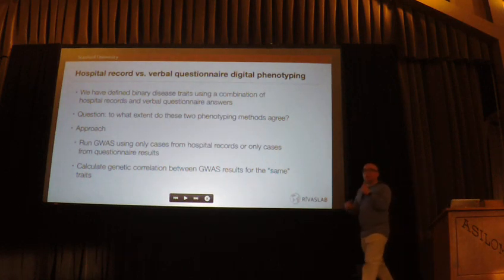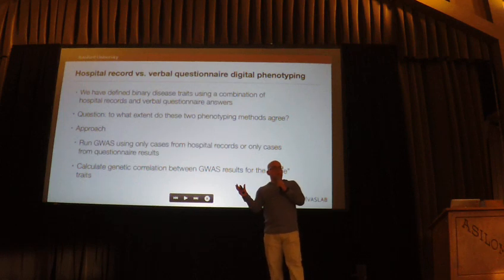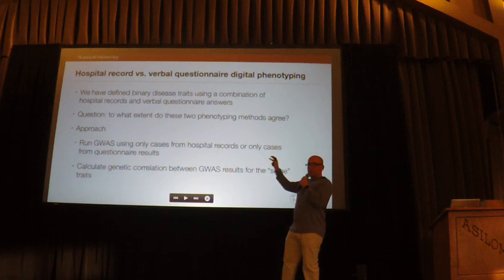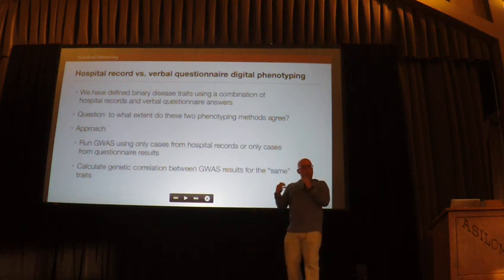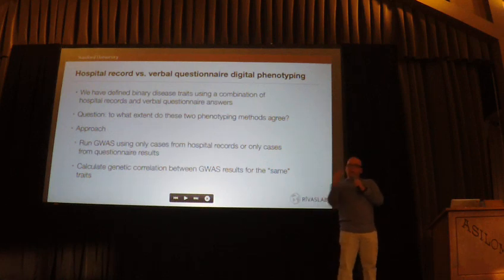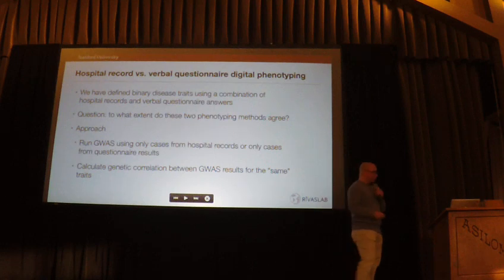One of the applications that we've moved forward with is asking, given that you do have access to hospital record data, so you may have some disease phenotypes that are probably a bit cleaner coming from physicians, and you also have access to disease phenotype labeling coming from verbal questionnaire data, so just ask an individual whether or not they have a disease. We can start using this mixture model to assess whether or not the genetic architecture of those two ways of phenotyping are at least consistent with each other.